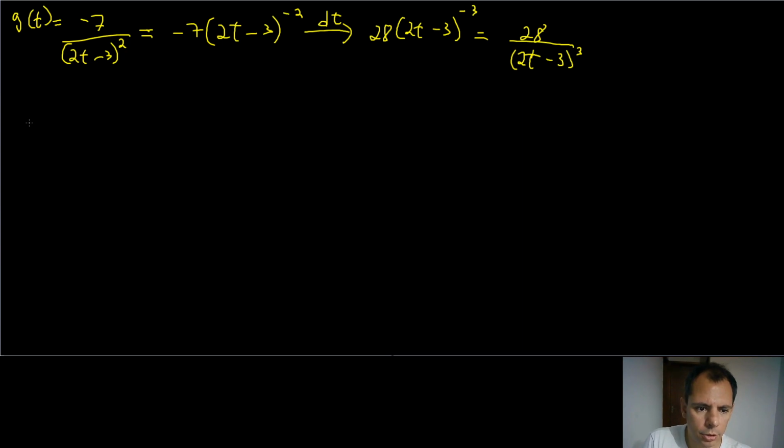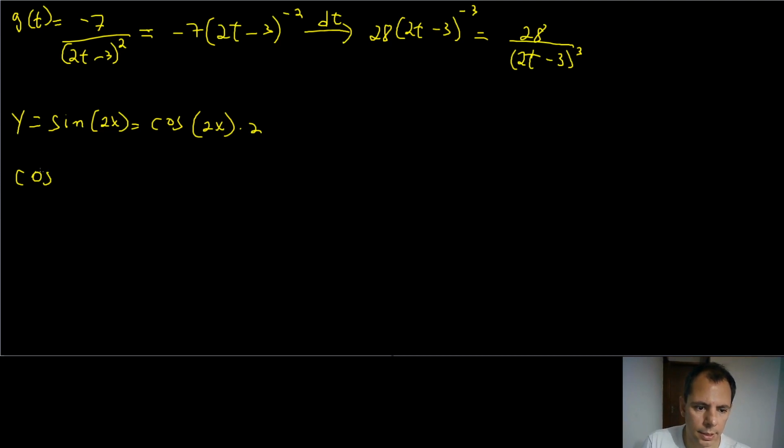Well, I'm just going to show a bunch of examples here. Okay, so y equals sine of 2x, differentiating, outer function sine, the inner function 2x. So it's going to be cosine of 2x times 2.